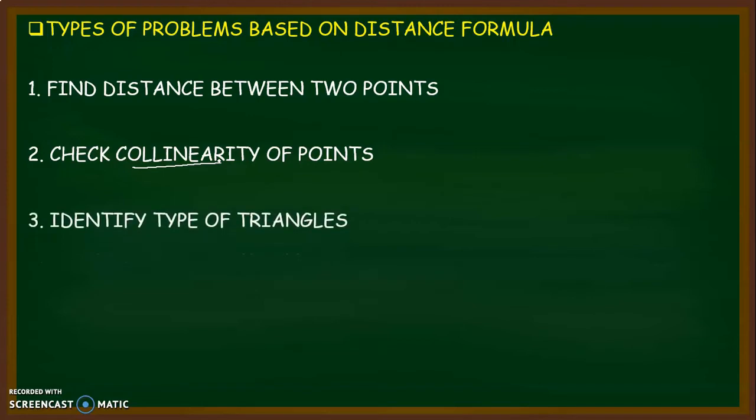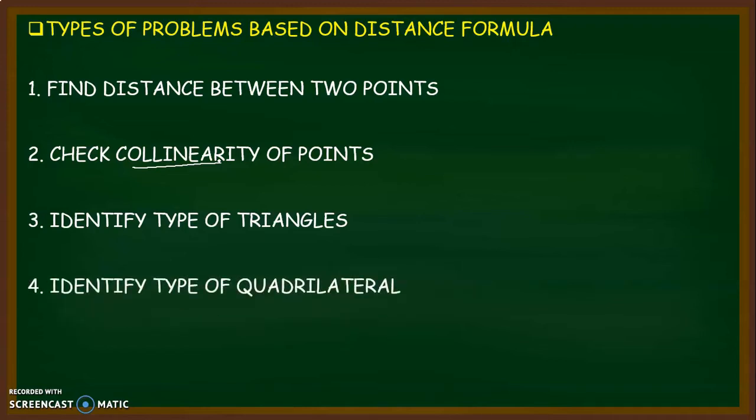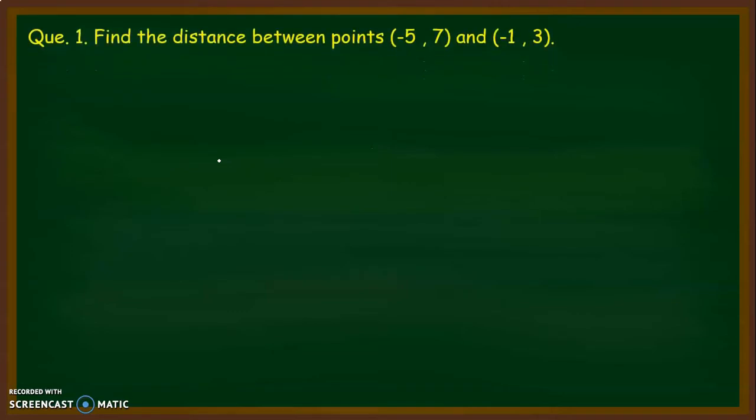The third type of problem is to identify the type of triangle made by given points, and the fourth is to identify the type of quadrilateral made by any points. So in this lecture we will see all these types of problems based on the distance formula. Let's start with the first and very simple question.